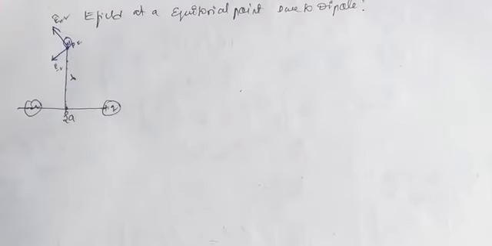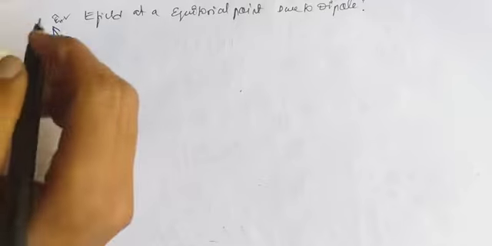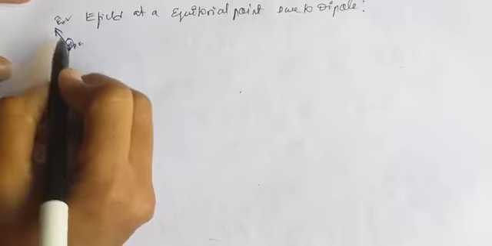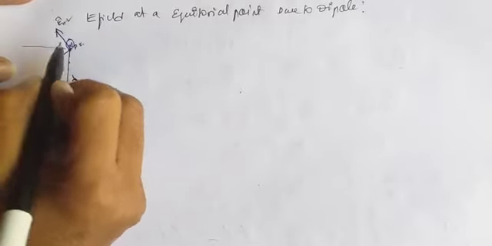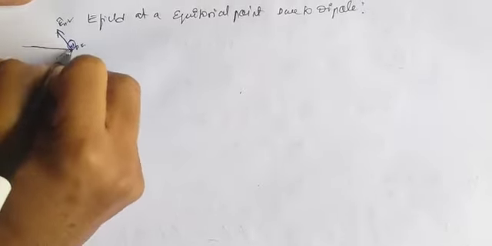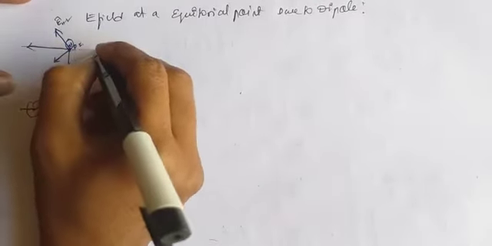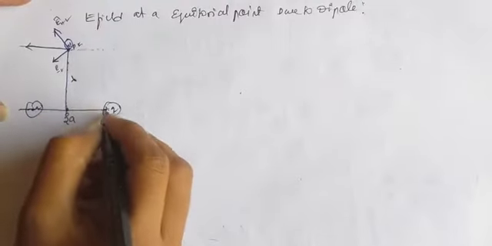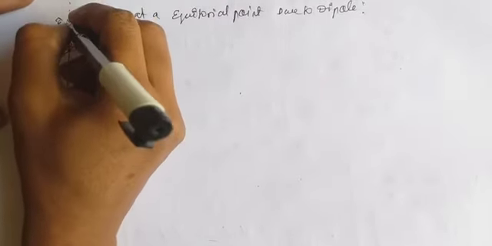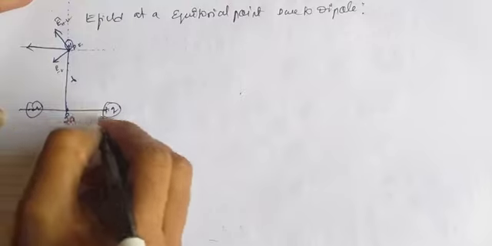Okay, in vector form we already know that when those two are like this, we get the resultant like this. Or else let us consider this a parallel line, that is the dipole axis, and this a perpendicular line to the dipole axis.